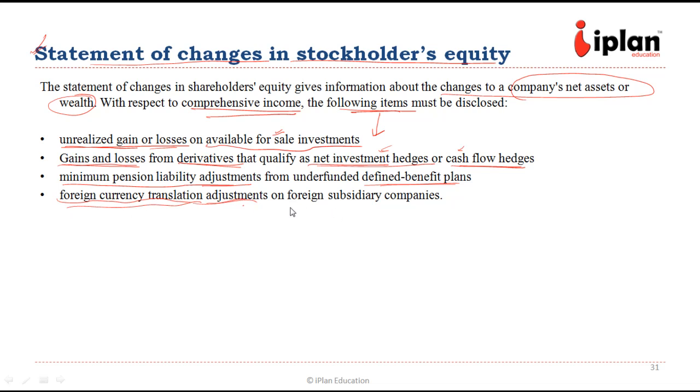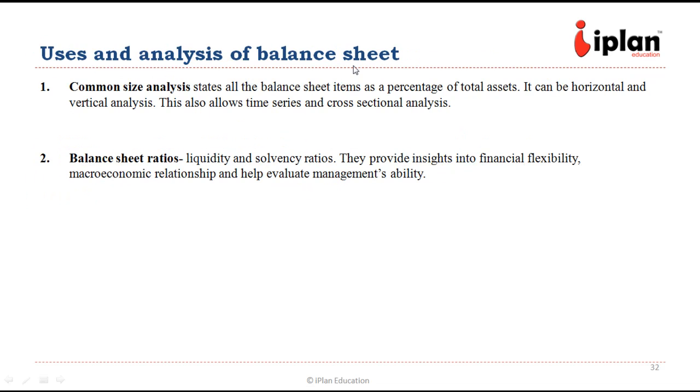And finally, if there is any foreign currency translation adjustment for a foreign subsidiary company, that is also a part of this. So any changes in them will affect the stockholders' equity. So they should form part of the statement of changes in shareholders' equity or stockholders' equity.